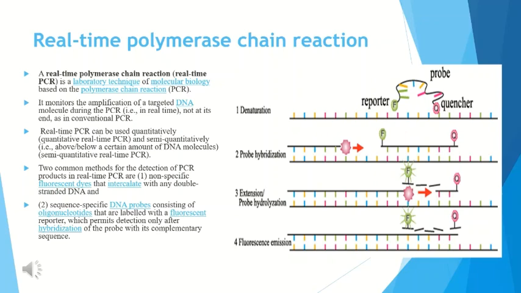It monitors the amplification of a targeted DNA molecule during the PCR in real time, not at its end, as in conventional PCR. Real-time PCR can be used quantitatively and semi-quantitatively. Two common methods for the detection of PCR products in real-time PCR are: 1.